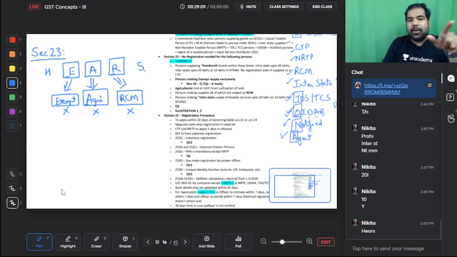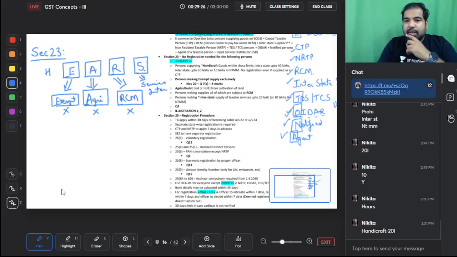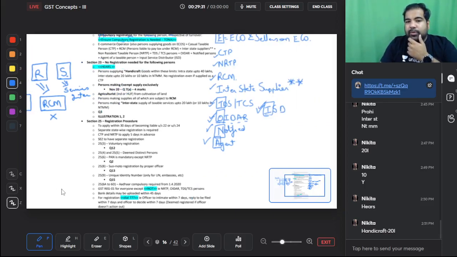So these are 3 people, E, A, R, and now H and S. Very, very careful, guys. If you're a service provider, like my CA firm, and you are doing interstate supply, that means from Maharashtra, my firm is doing services in Gujarat, then in that case, interstate is compulsory, I told you.